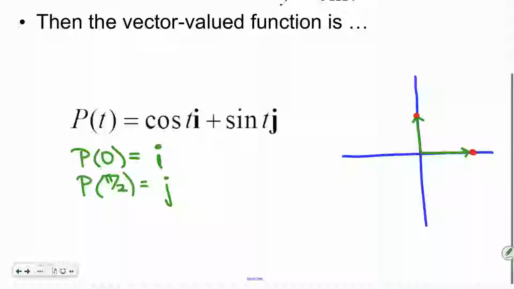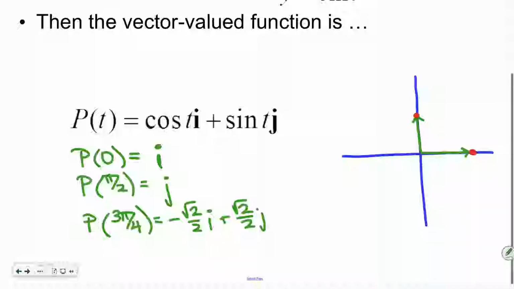We'll just pick some easy ones, right? What about how about we do 3 pi over 4? What would that vector be?